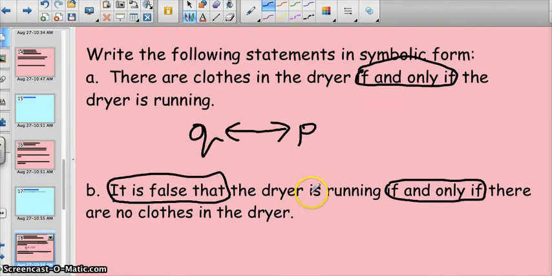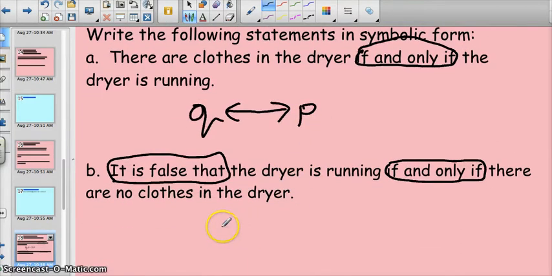The dryer is running is P. If and only if is the biconditional. And there are clothes in the dryer is Q, so there are no clothes in the dryer is the negation of Q. To get the it is false that part, all we do is surround that statement and put a negation in front. That's how we take care of that one.